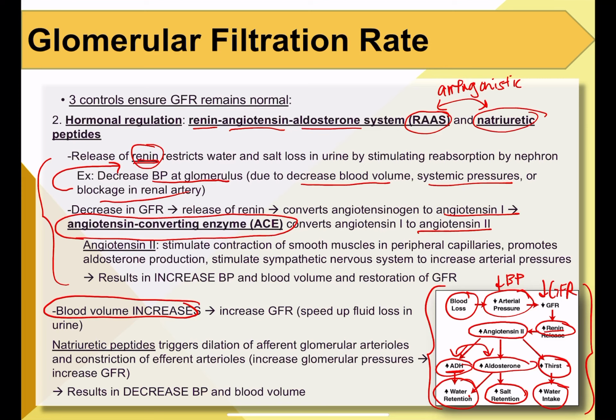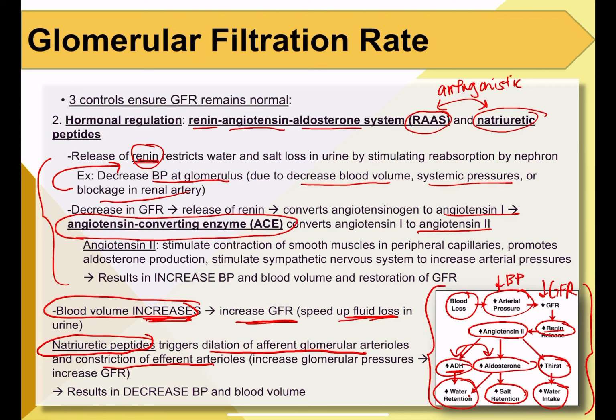Now, when blood volume increases instead, this is when you have too much GFR, which means it's going to speed up fluid loss in your urine. You have too much blood volume, so let's get rid of that fluid now. We don't want to retain fluid. And so natriuretic peptides trigger dilation of your afferent glomerular arterioles and constriction of efferent arterioles.